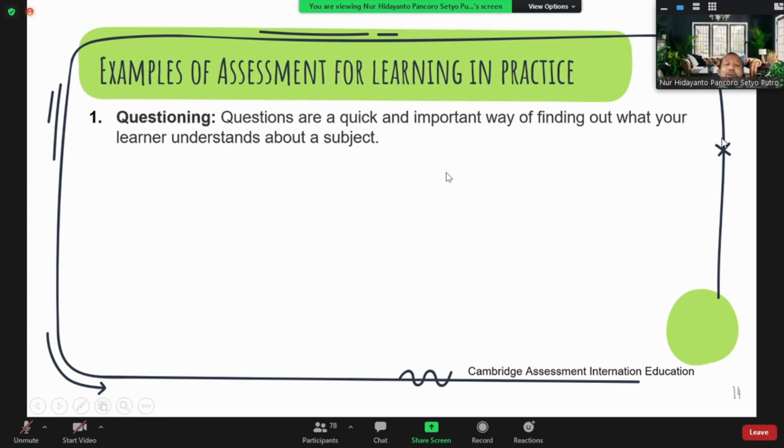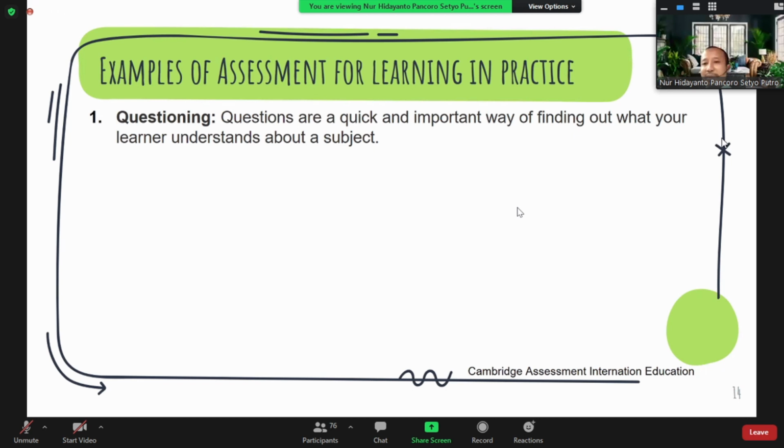Okay, what are examples of assessment for learning in practice in real classes? Yes, questioning, the first one. It is a very quick and important way of getting students' performance. Bapak Ibu, trust me, Bapak Ibu itu sebenarnya tanpa menilai kadang sudah tahu performance siswa atau mahasiswa seberapa. Right? Misalnya, oh saya tahu dari 40 mahasiswa yang excellent di kelas itu ini, yang benar dapat A itu ini.